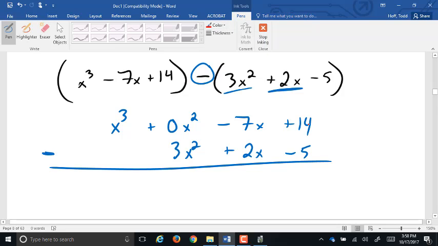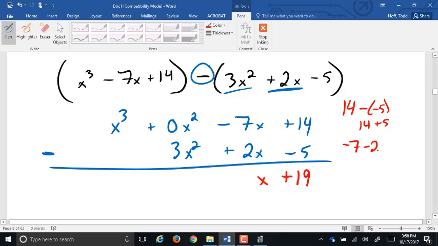Once again, we run into 14 minus a negative 5, which is 14 plus 5, which would be positive 19. Now here you have negative 7x minus 2x. We know it's going to be x.